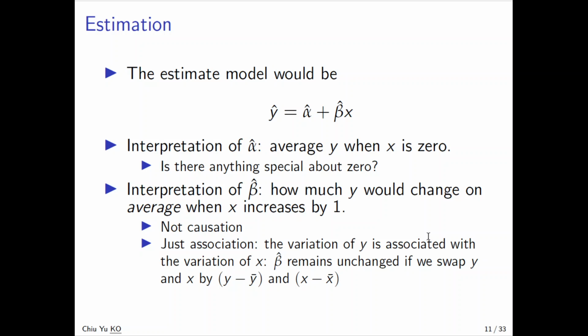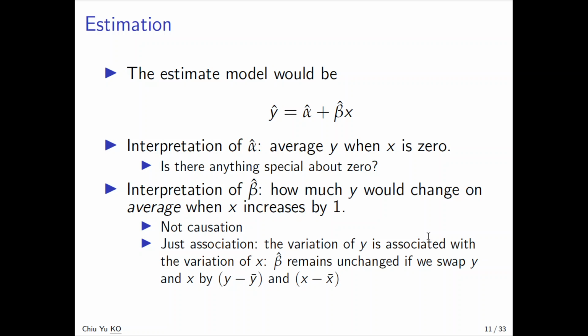And beta hat says how much y will change on average when x increases by 1. Okay, but again, there's no causality, just correlation. The idea of regression is to say how the variation of x above its mean leads y to respond. So if you shift the data x and y by subtracting their own means, and regress y minus y bar on x minus x bar instead of y on x, we get the same idea.